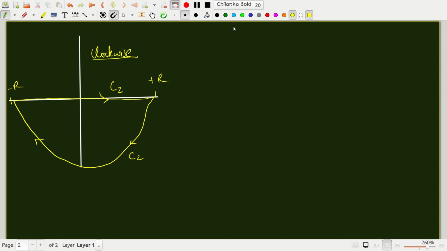Now the poles are again the same because the function is the same, right? So now what you will get is the integral over C2 of f of z dz. Here again you can show that on the bottom side also the semicircle is not going to contribute.